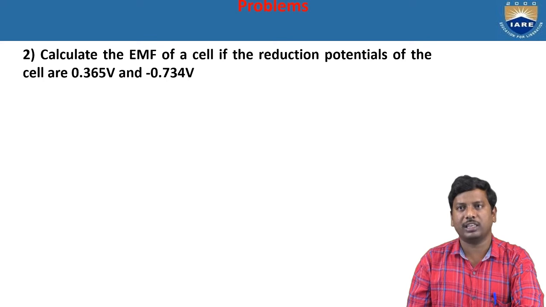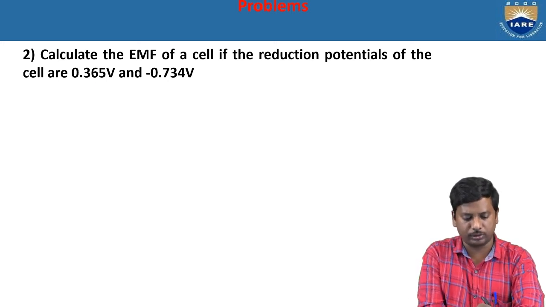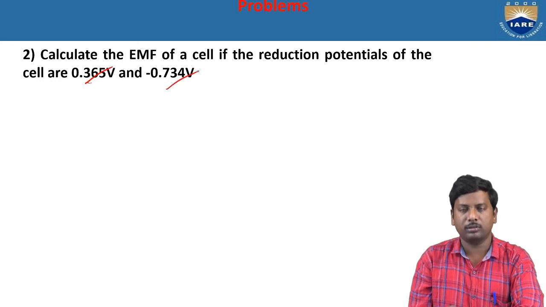Calculate the EMF of a cell if the reduction potentials of the cell are 0.365 volts and minus 0.734 volts. Again, they give both a positive potential and a negative potential.